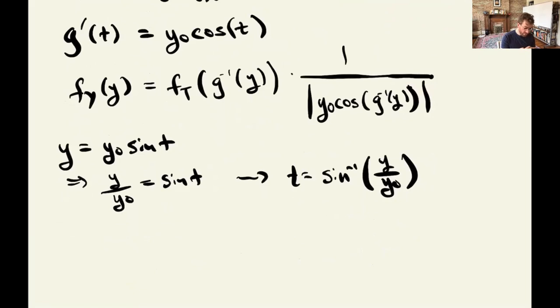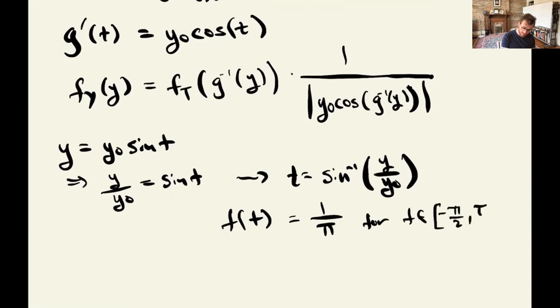But we want to eventually re-express everything back in terms of t. Now again, luckily f of t is just going to be 1 over pi for t inside of minus pi over 2 to pi over 2. So that part's easy.